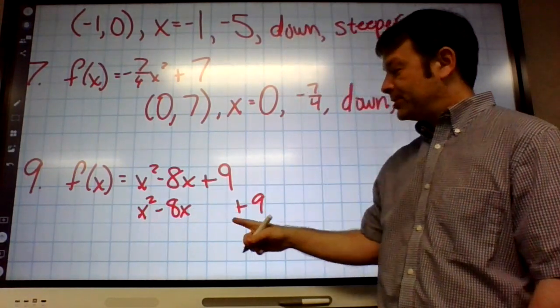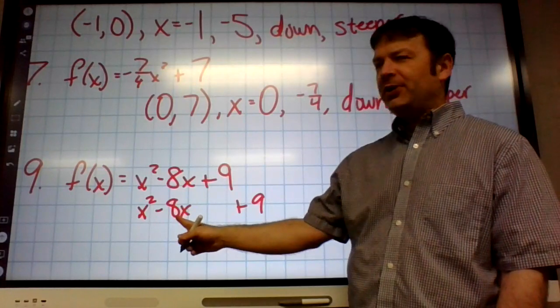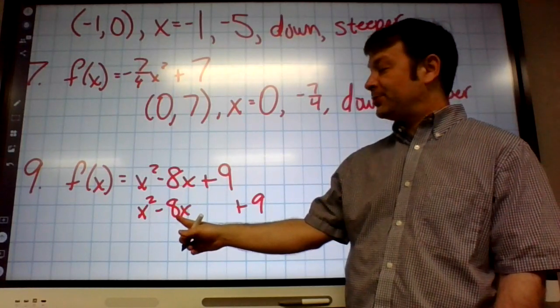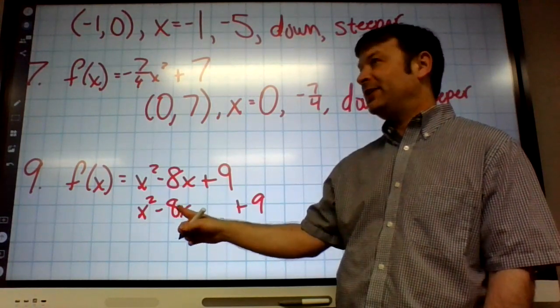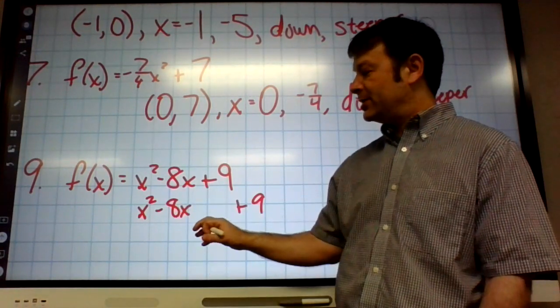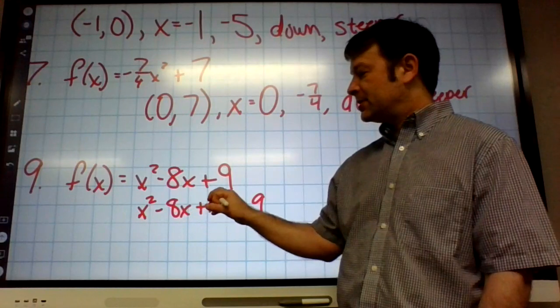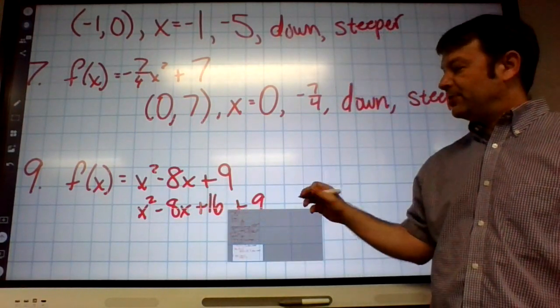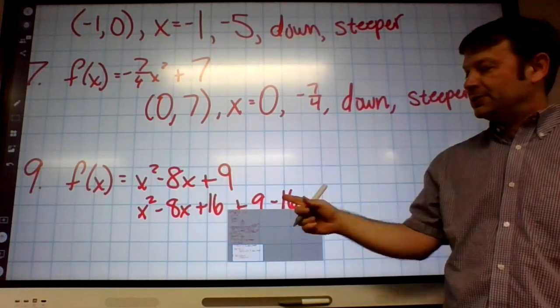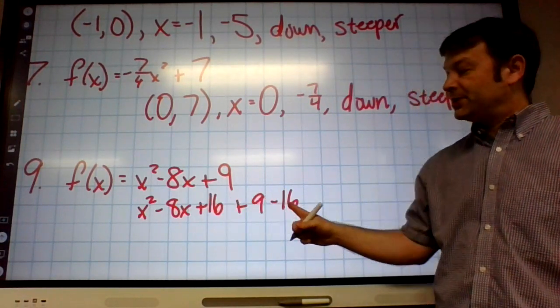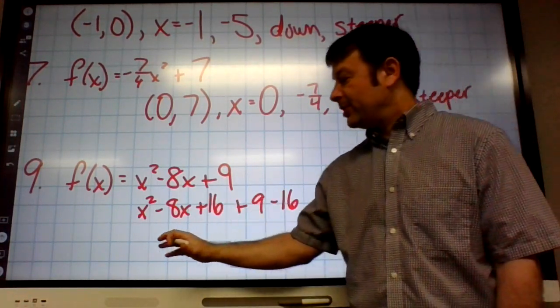So I'm gonna push the +9 over. Remember this? Divide this number by 2 and square it. -8 divided by 2 is -4. Squared is +16. To keep it equal, I'm gonna put a -16 over here, because they're both on the same side of the equation. Why am I doing that?